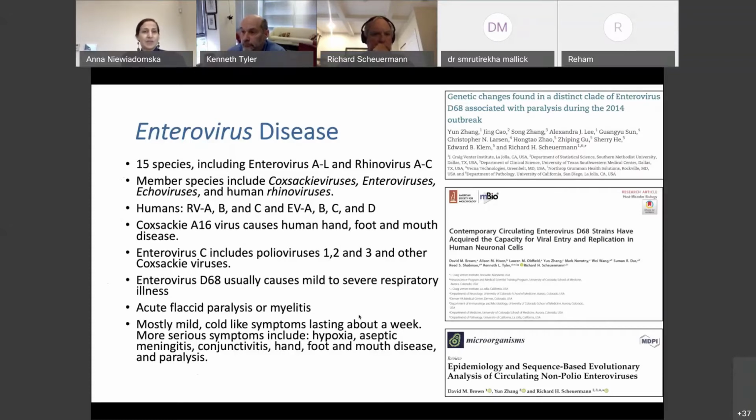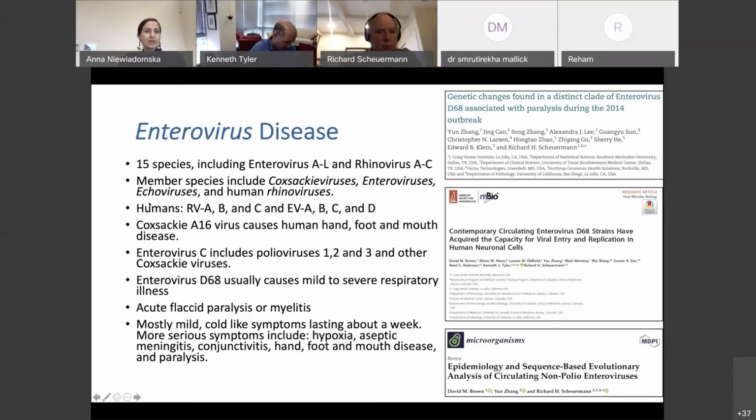There's 15 species, and these include enteroviruses A through L, as well as rhinovirus groups A through C. And member species include Coxsackieviruses, which are the causative agents of human hand, foot, and mouth disease, enteroviruses, one of which, of course, is poliovirus, echoviruses, and human rhinoviruses, which cause upper respiratory tract infections, and most of us have probably experienced.